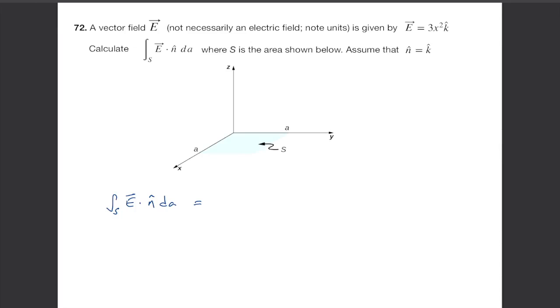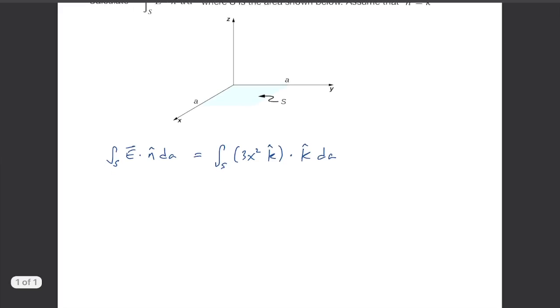We can substitute for the E. So we're going to get the integral over S, E is 3x squared k hat. And let's substitute for the n hat. So we're going to have dot, instead of n hat, we're going to have k hat dA.